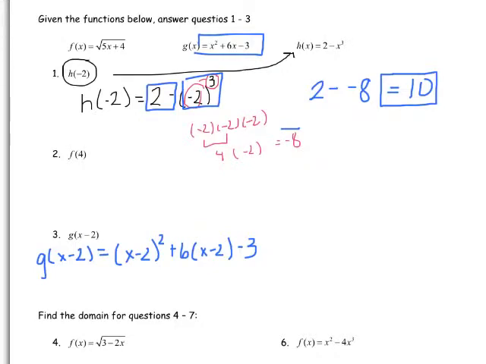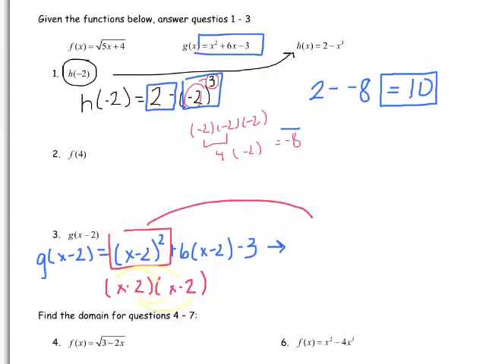All right, so this thing right here means that I need to do x minus 2 times itself. So that's going to make x squared minus 2x plus 4. All right, so this red is going to become x squared minus 2x plus 4.